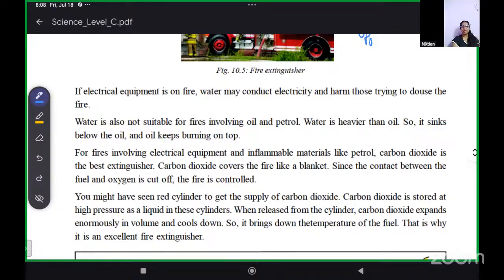If it's happening in a forest, it will happen very quickly from tree to tree. The wood will start burning, and water is actually used for extinguishing a wildfire, because we can extinguish the fire of wood by water.